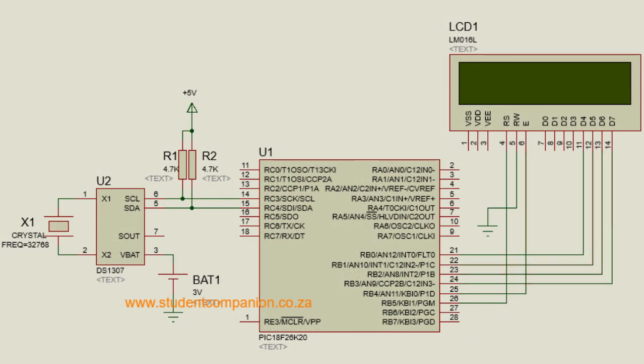So this is a simple demonstration of how you can connect a PIC microcontroller as a master to a slave device. In this example, we are using the DS1307 real-time clock as a slave on this I2C bus.